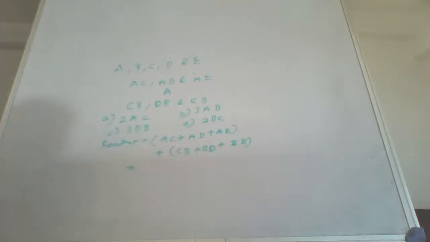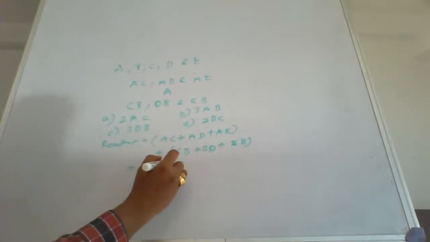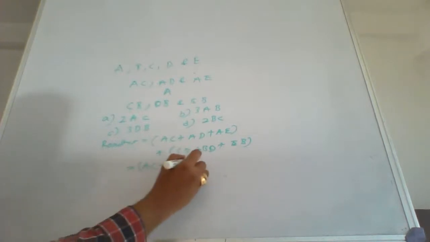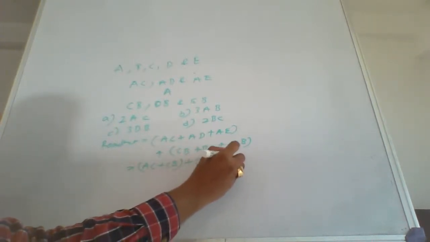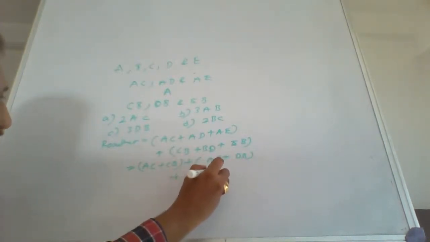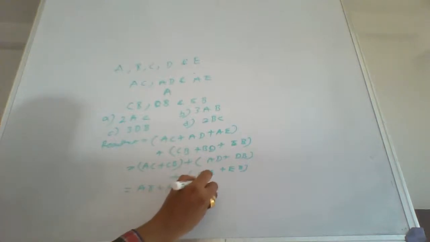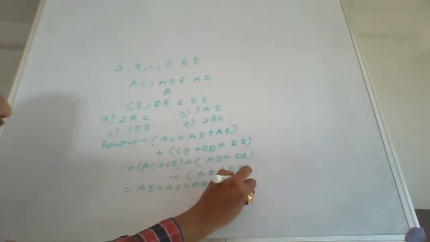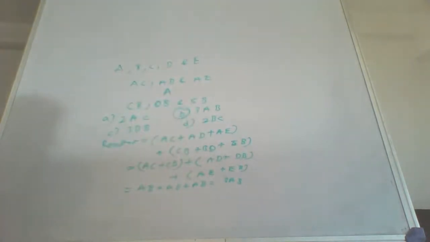So if I have AC plus CB, put this together, and AD plus DB, plus AE plus EB, this results to AB plus AB plus AB, which is 3AB. The choice is C here. I hope you understood this problem.